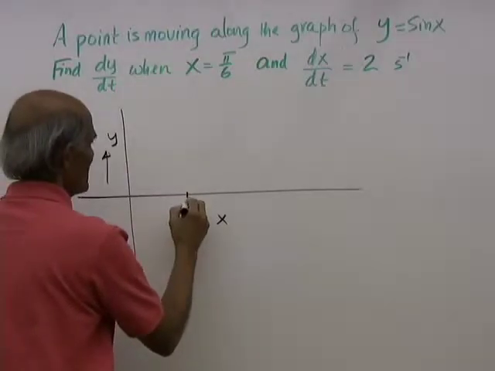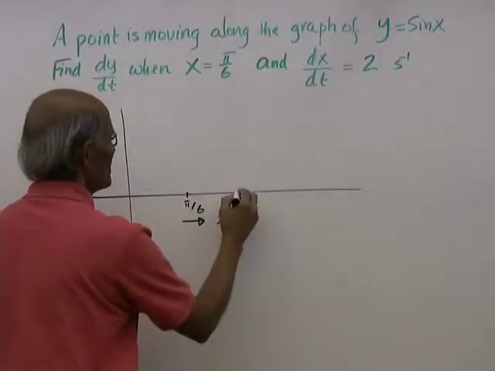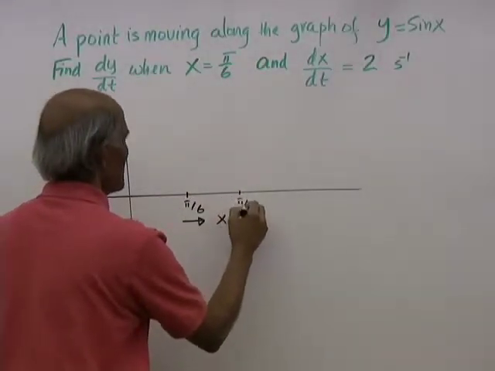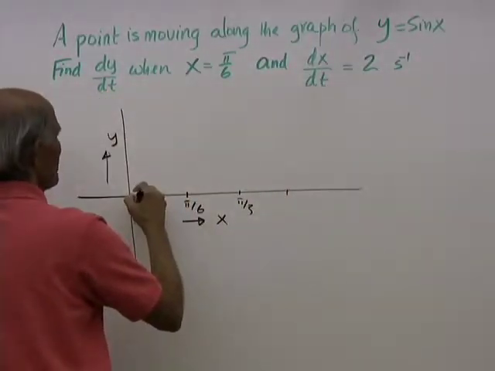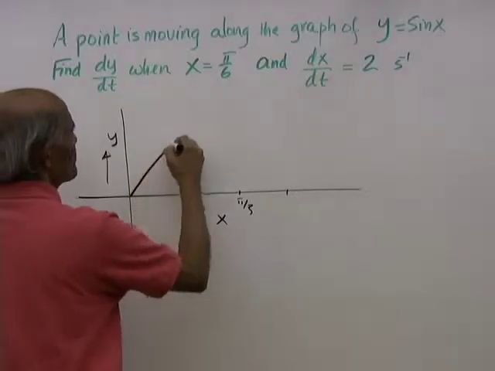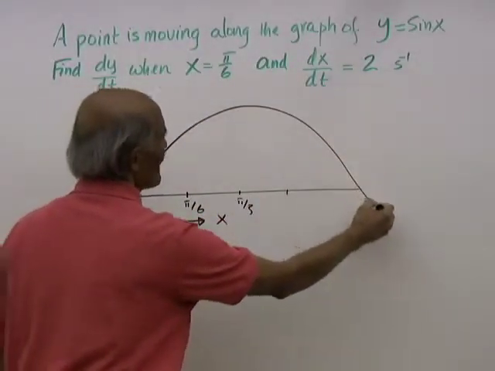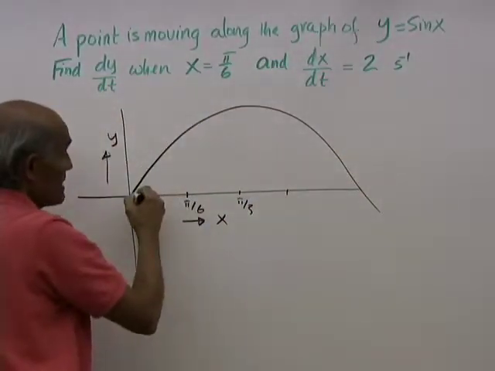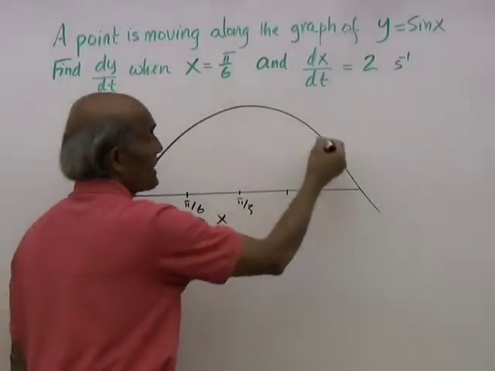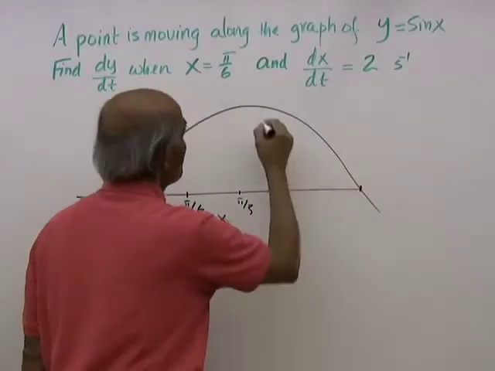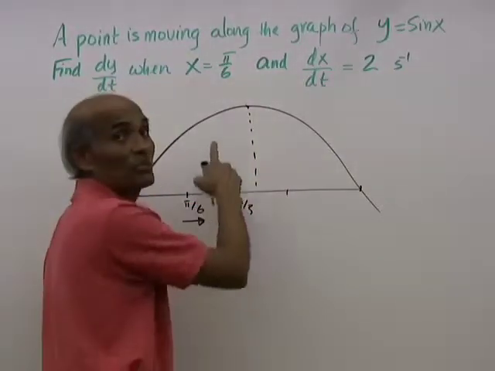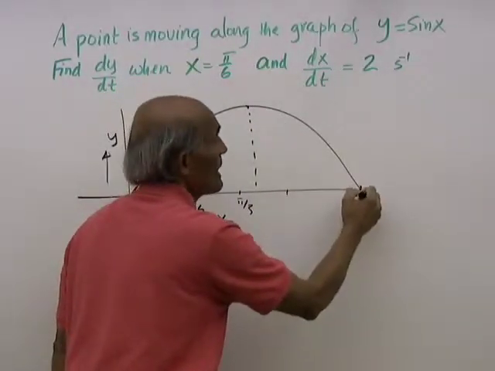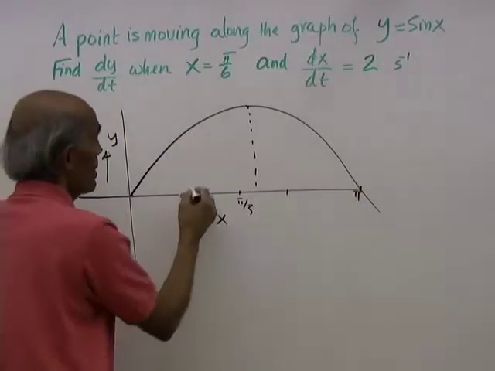If you have pi by 6, say pi by 3, and so on, the graph of y equal to sine x will be something like this. Sine of 0 is 0, sine of pi by 2 is 1, sine pi is 0, and so on.